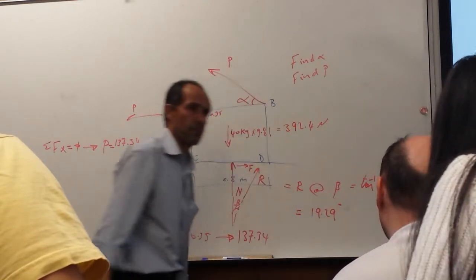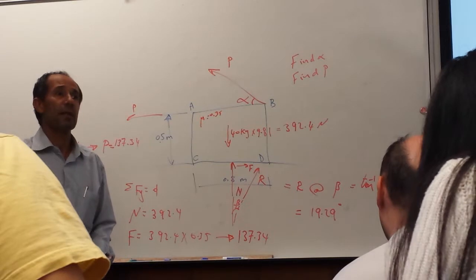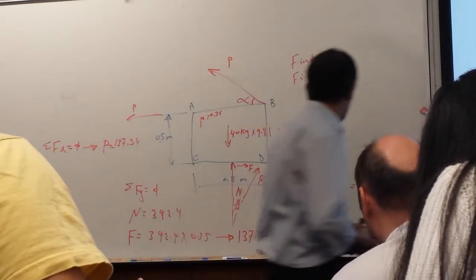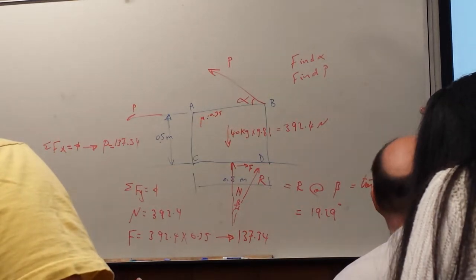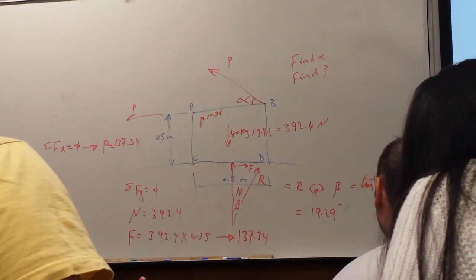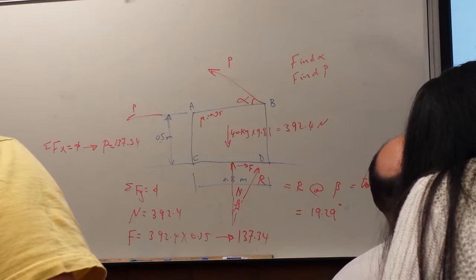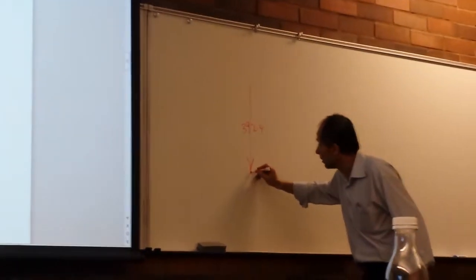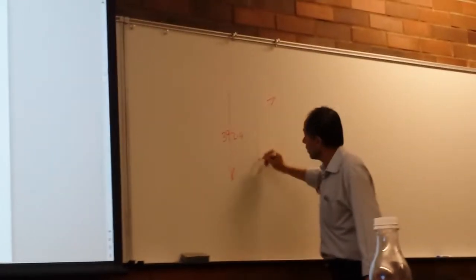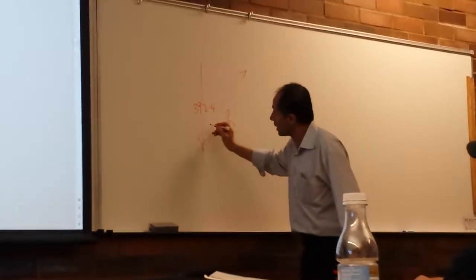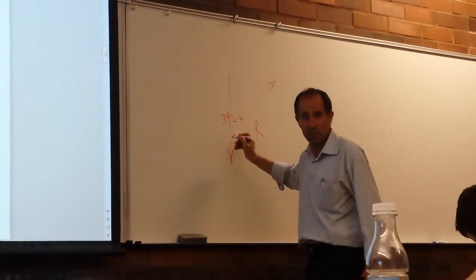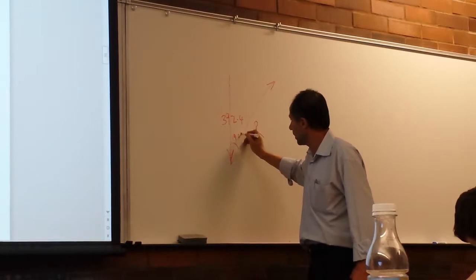19.29 degrees. Somebody asked me about the triangle of forces when I was walking in, and this is a good opportunity. I have a force hitting down here of 392.4, correct? I have a force here called R, and R is measured at 19.29 degrees.